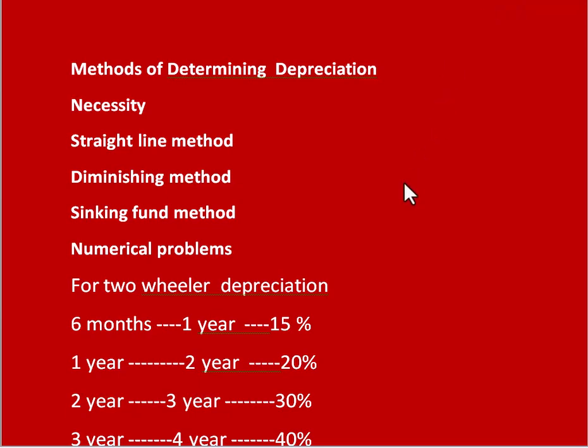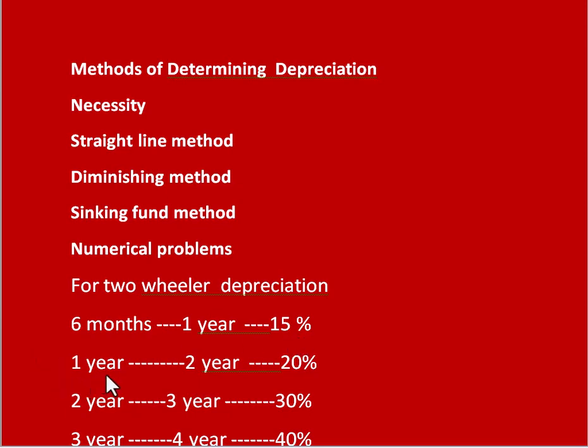To understand this properly, let me take a two-wheeler and its depreciation. If the age of the two-wheeler is between 6 months and 1 year, then the depreciation applied on the principal amount or initial value is 15%.